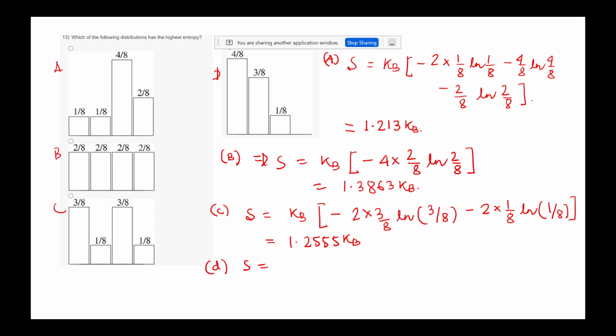D is k_B times minus 4 by 8 ln 4 by 8 minus 3 by 8 ln 3 by 8 minus 1 by 8 ln 1 by 8, and that gives you 0.9743.